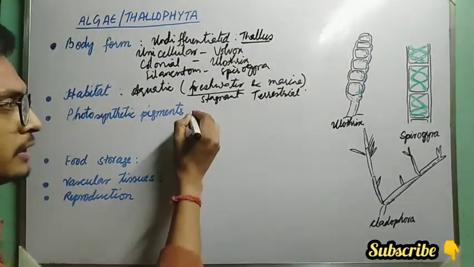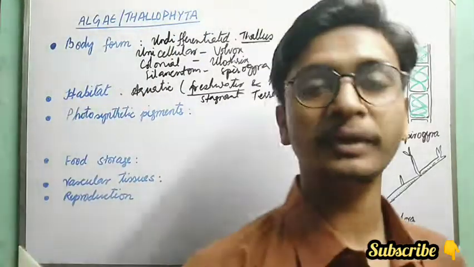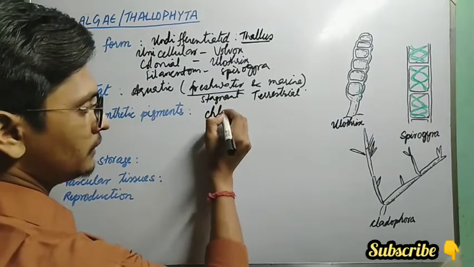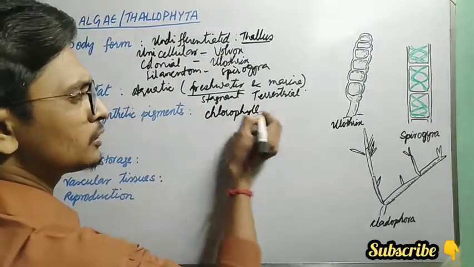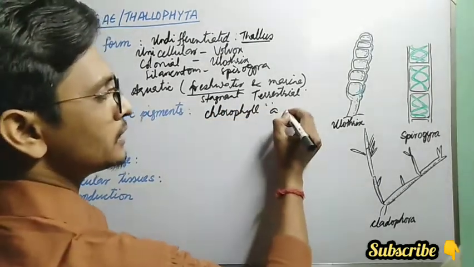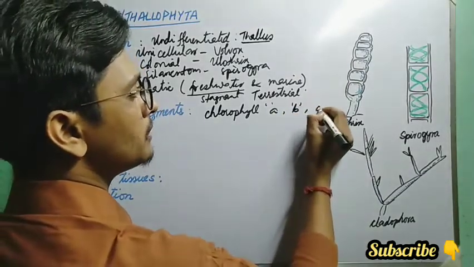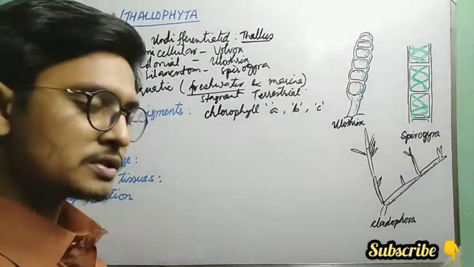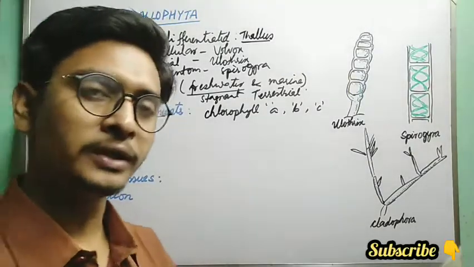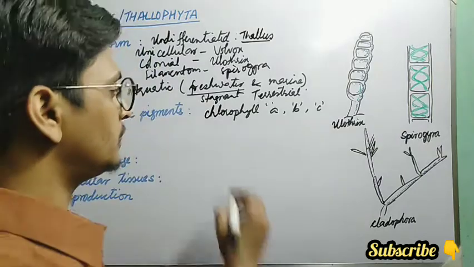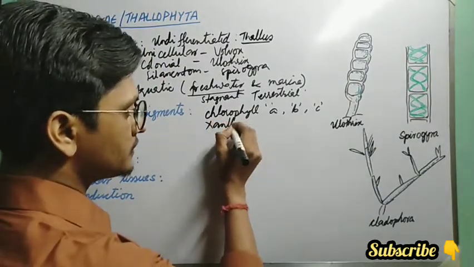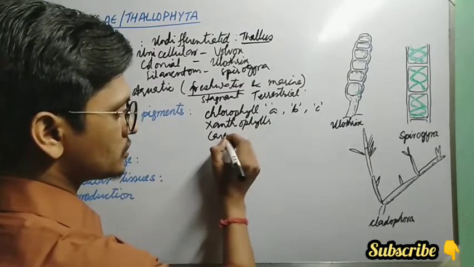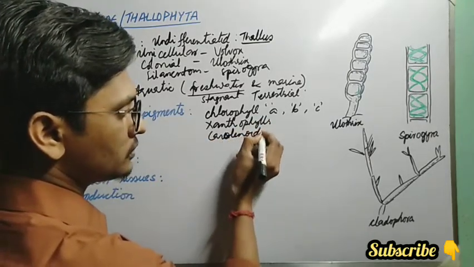Now they have different types of photosynthetic pigments inside them, such as chlorophyll A, some have chlorophyll B, and some may have chlorophyll C also. Some of them may have xanthophylls, and some may have carotenoid pigment also.